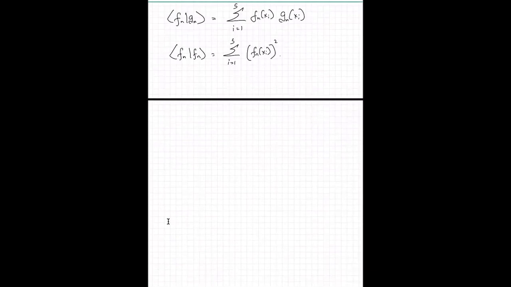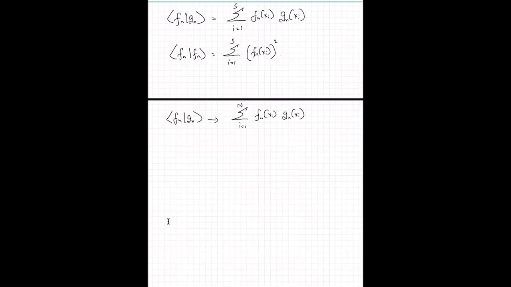Okay, one way in which one can motivate this is to redefine the inner product of fn as the sum over i, in this case let us say i equal to 1 to n, where n is a very large number. I'm going to take the limit n goes to infinity, of fn of xi, gn of xi, and I will weight this by a factor.